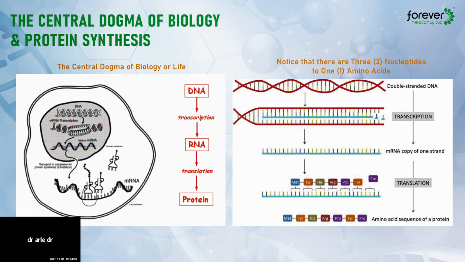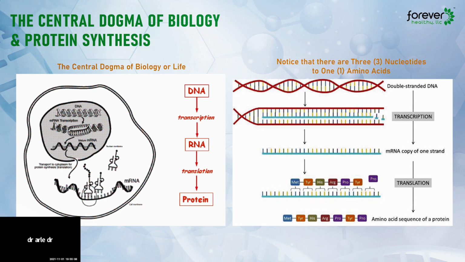Or the single strand is perfect, but if there is no amino acid, what amino acid can it attract as instructed? That is during translation. And then when it's properly done, the ending is the amino acid sequence of a protein. So you now have here methionine, tyrosine, histidine, arginine, proline. That is the sequence as instructed by the DNA.